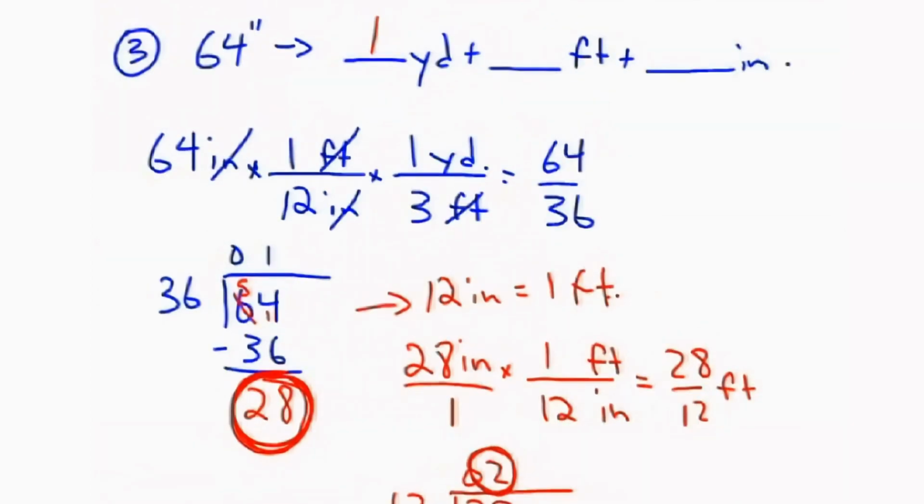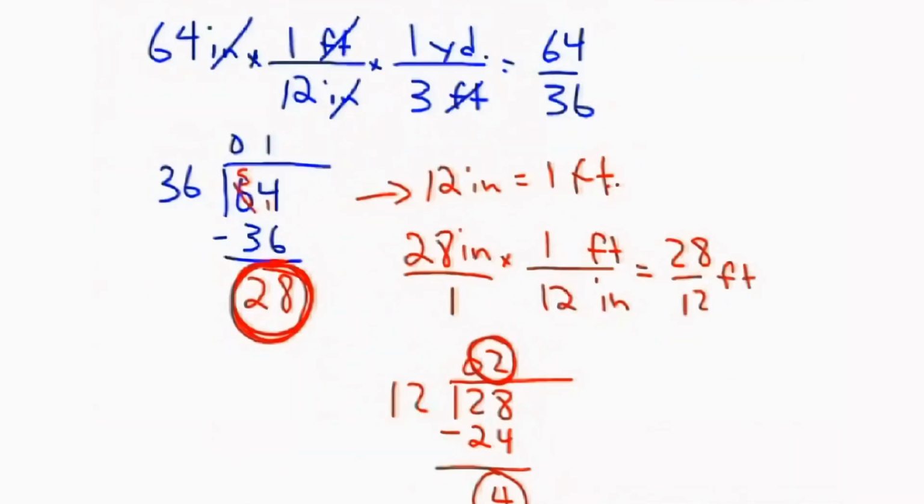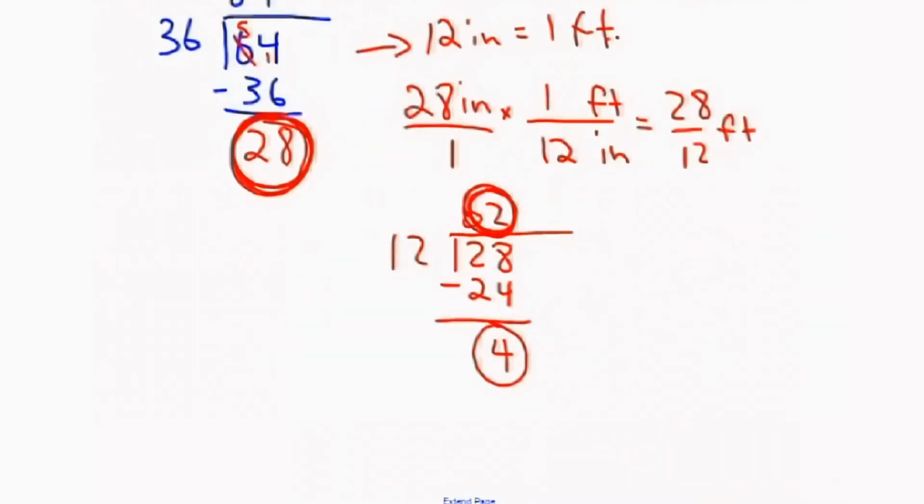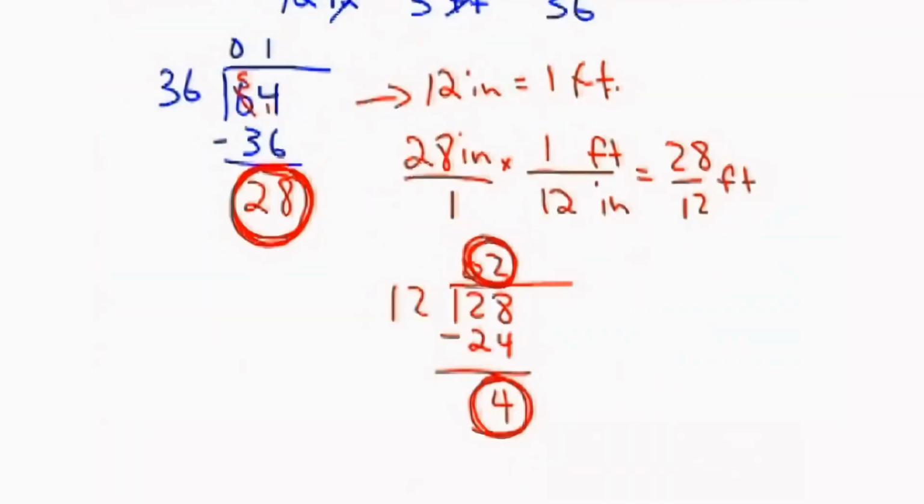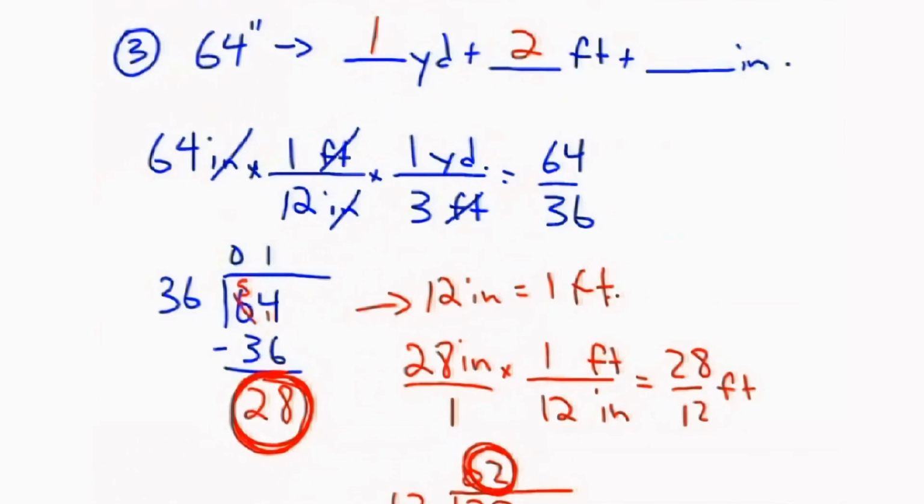So 64 inches is 1 yard and 2 feet, and that 2 came from here. And then we have 4 inches left over, and so we will have 1 yard, 2 feet, and 4 inches. So that should give you an idea of how to convert inches into yards, feet, and inches. And that should give you some good information on imperial conversions.